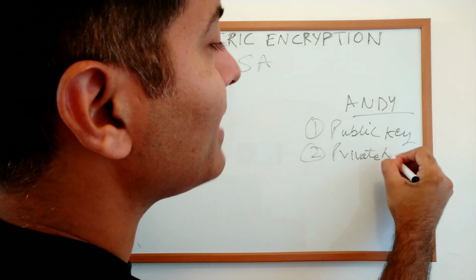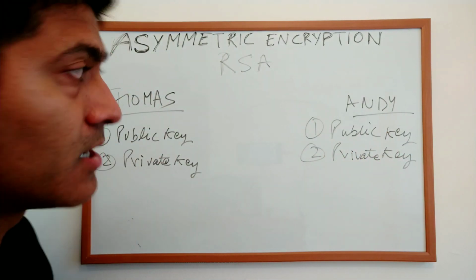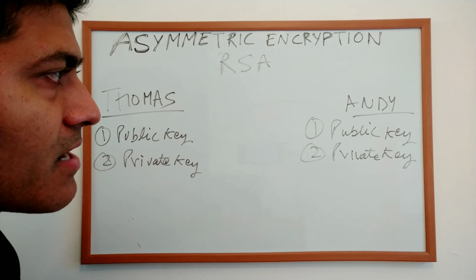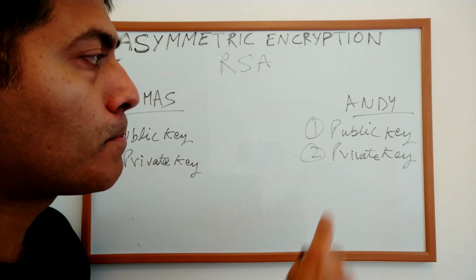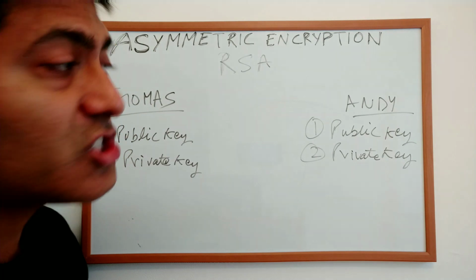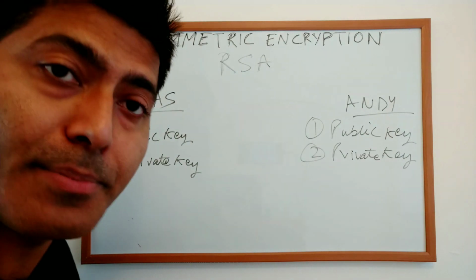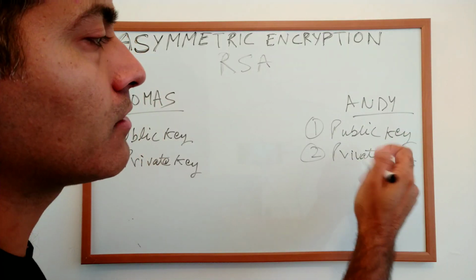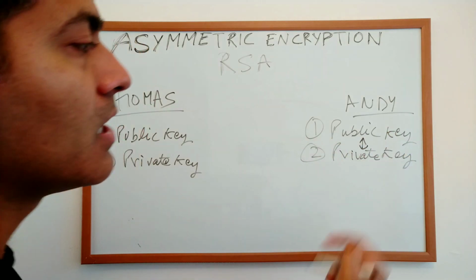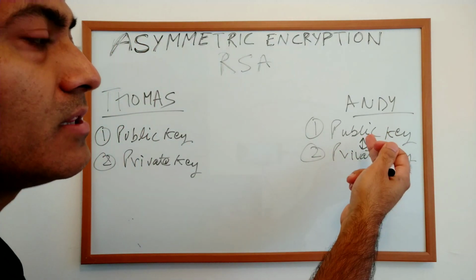Now, with the help of the RSA algorithm, the way it works is that you need to use the public key to encrypt the message, and that message can only be decrypted using the private key, which is linked or mapped to the public key.